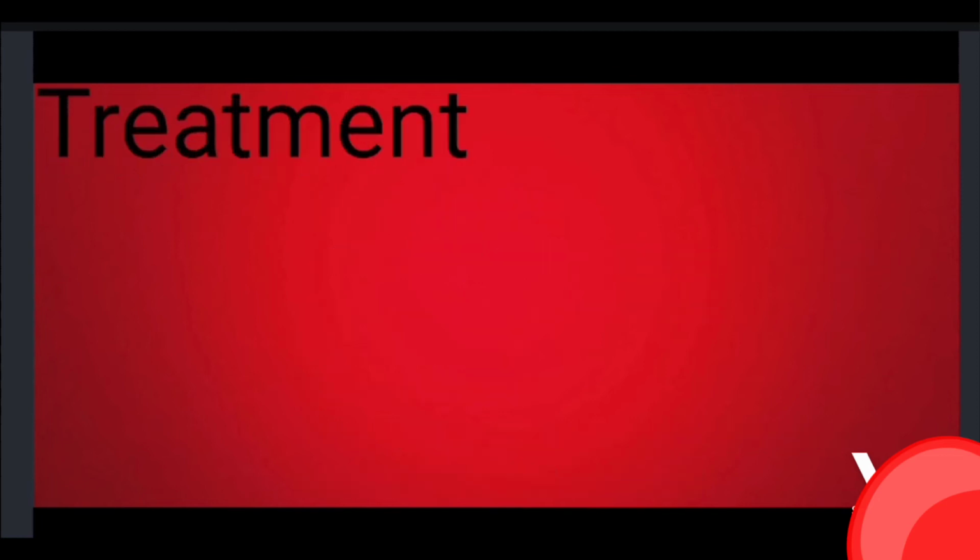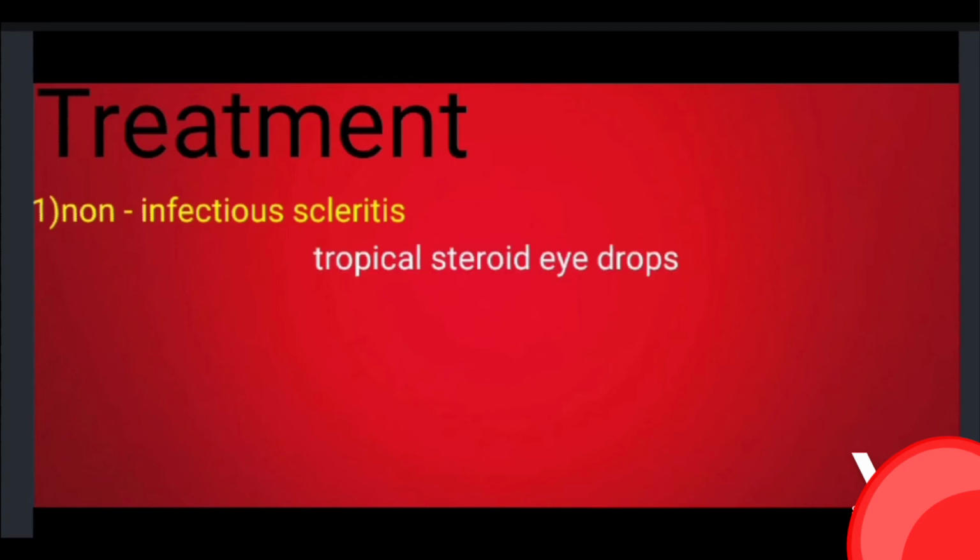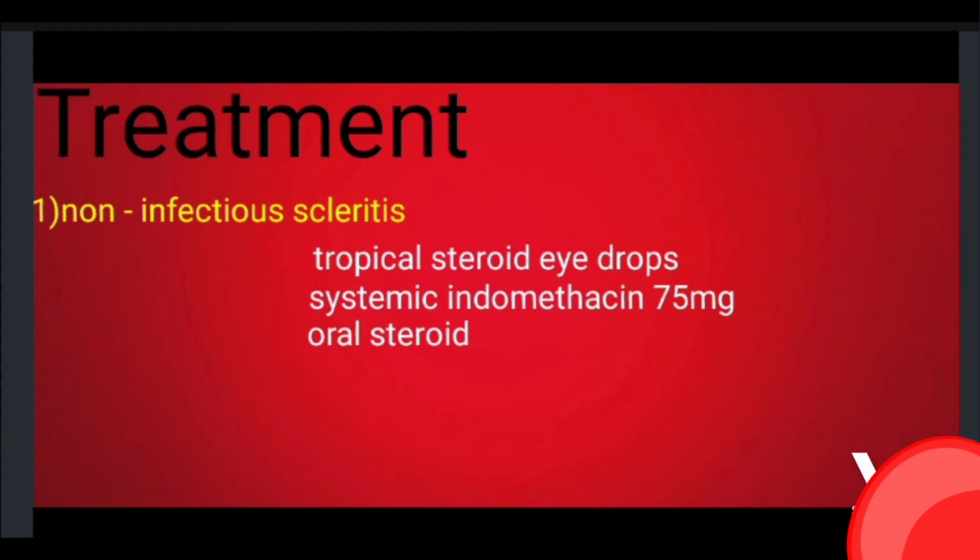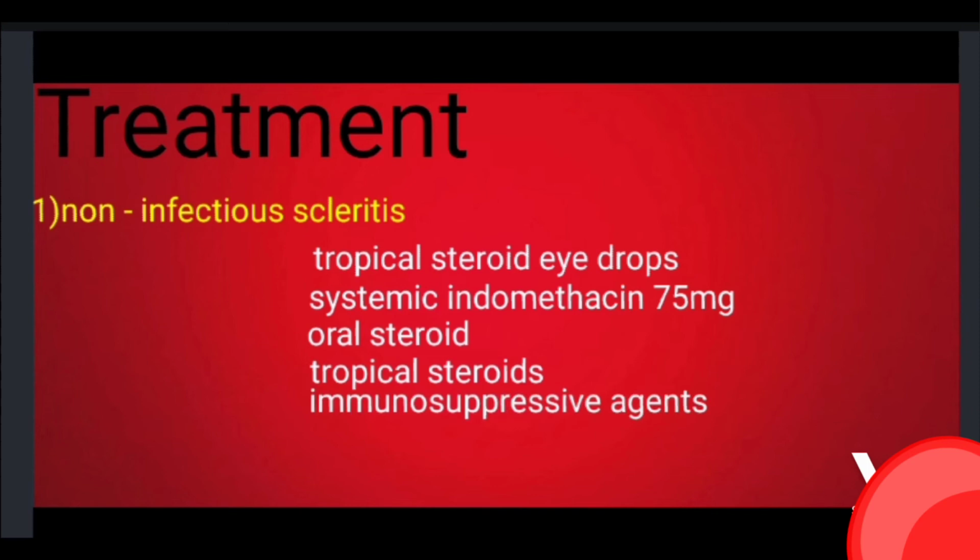Lastly, the treatment of scleritis. In the treatment of non-infectious scleritis, we give topical steroid eye drops, systemic indomethacin 75 mg twice a day, then oral steroids, then immunosuppressive agents such as methotrexate and cyclophosphamide.